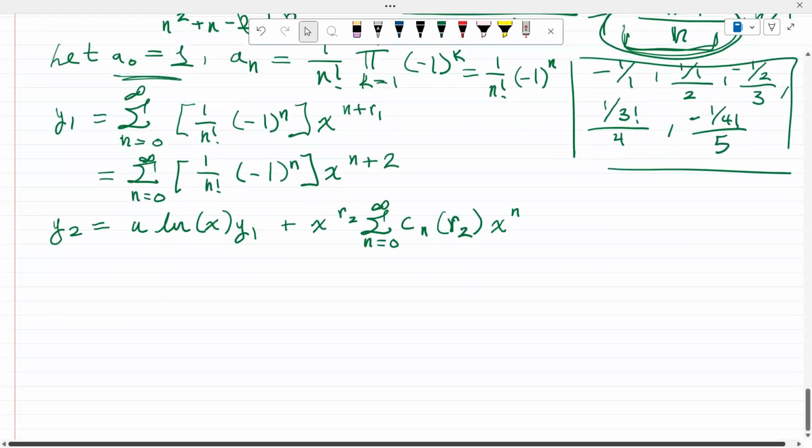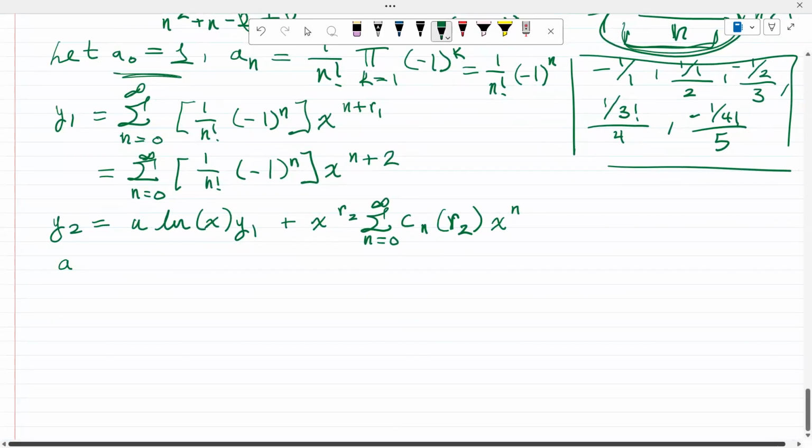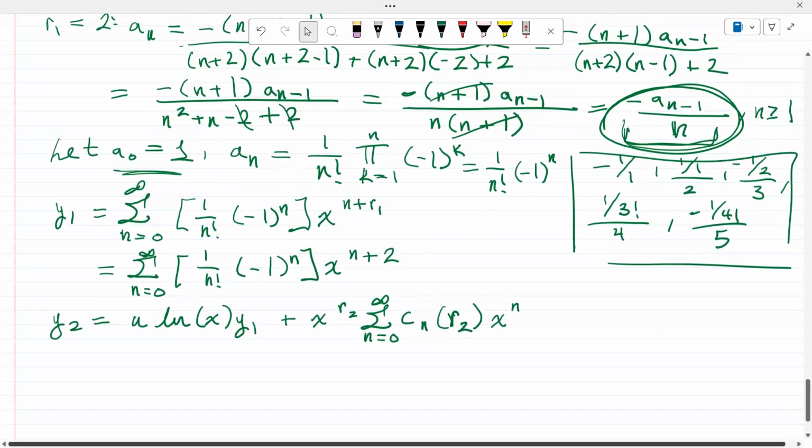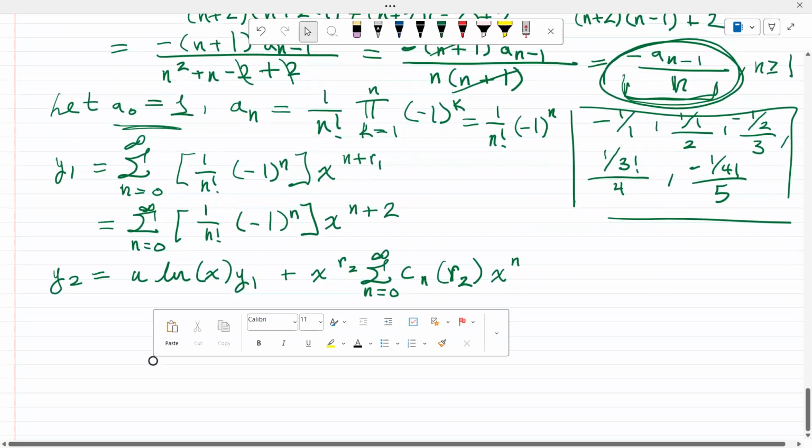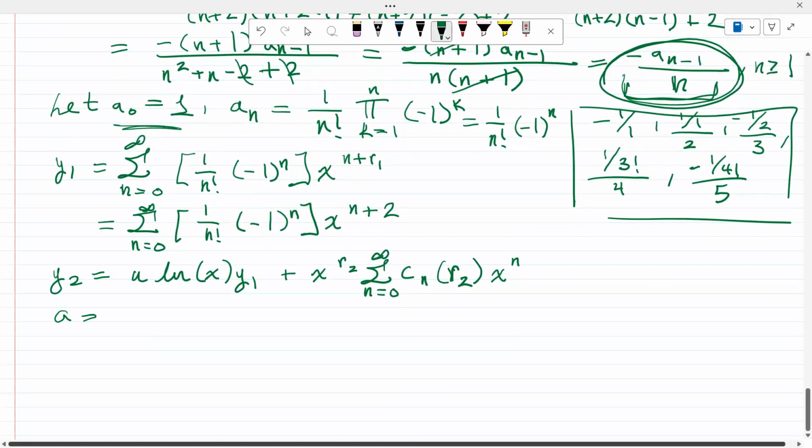So with this, we first want to compute what this a value is. So our formula for a is just going to be the limit as r approaches r2 of r minus r2 times capital N of r.